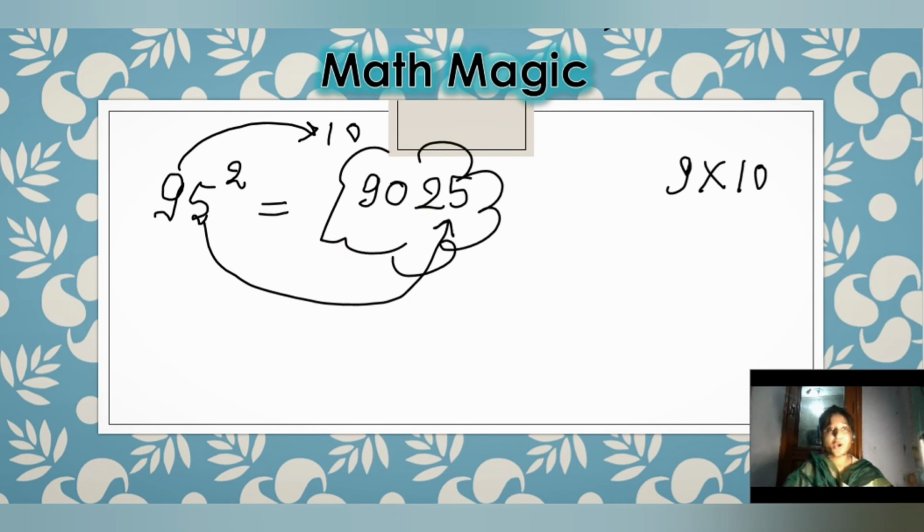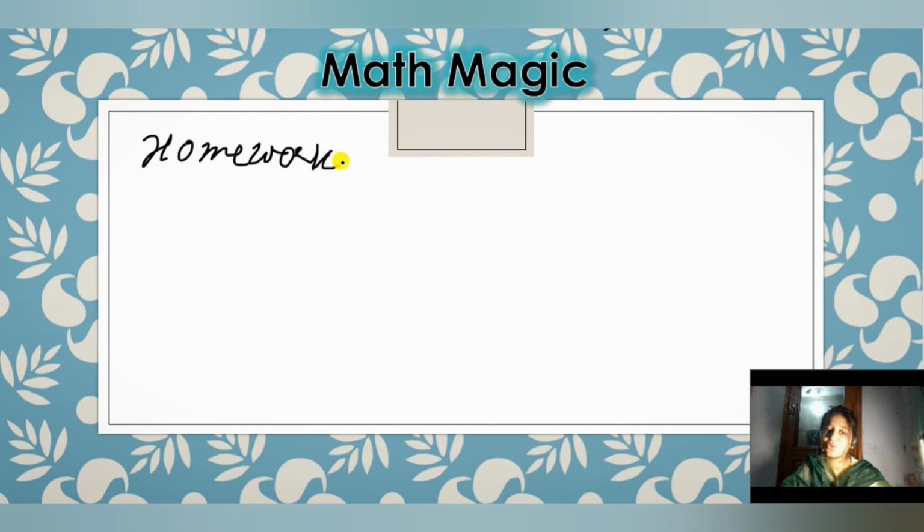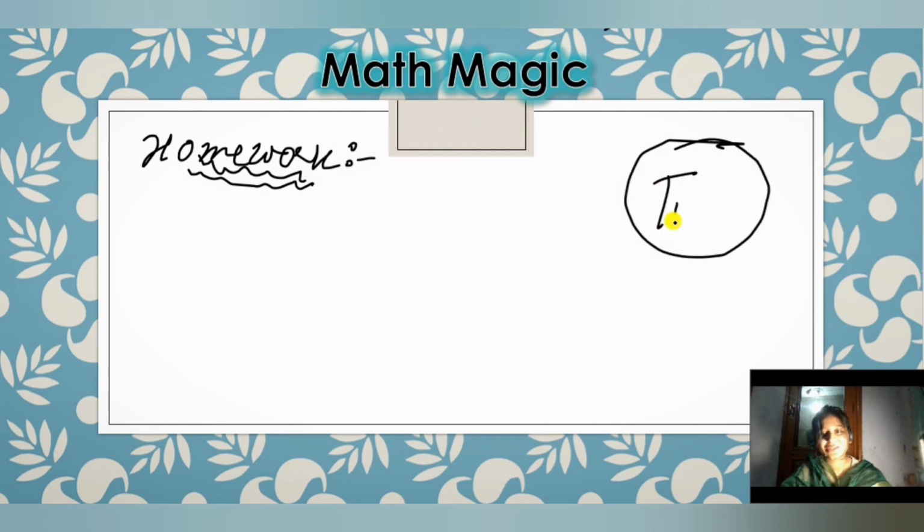Believe me. For now I'm going to give you one task. I'm going to write out some numbers ending with 5, and you have to use a timer. Please use a timer for this homework.